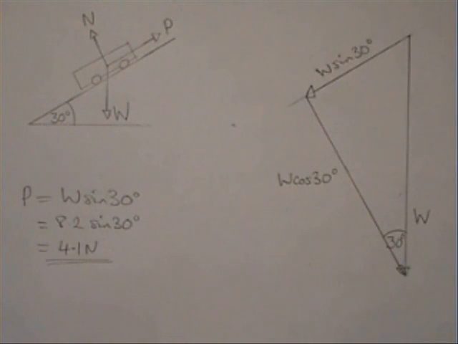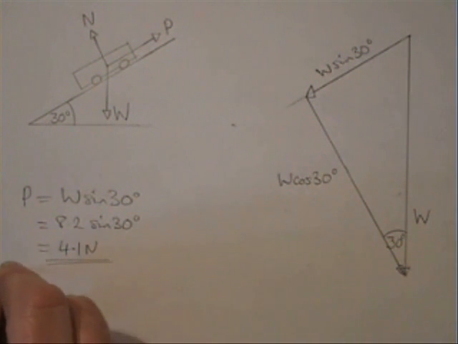And we can also work out the size of the force N. Since the trolley isn't sinking into the slope and isn't jumping off the slope, the component of the weight acting at right angles to the slope must be equal to the reaction force N, which the slope puts on the trolley wheels.